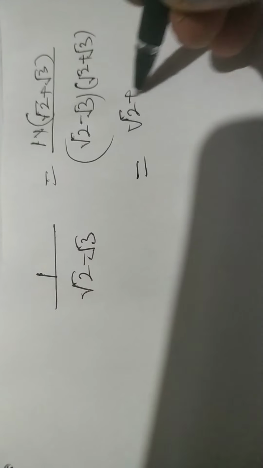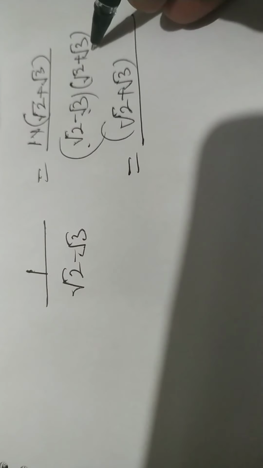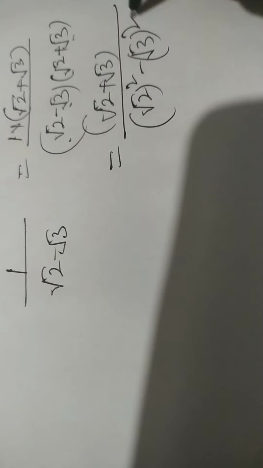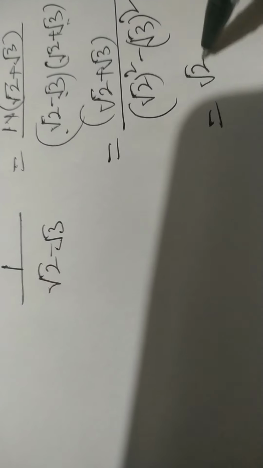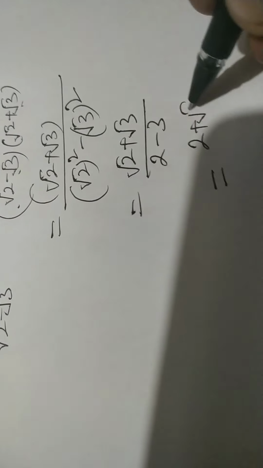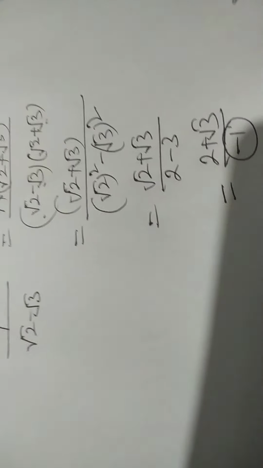Now look at this: (a − b)(a + b) is equal to a² − b². This is equal to (√2 + √3) divided by (2 − 3), which is equal to (2 + √3) upon −1. That is a rational denominator.